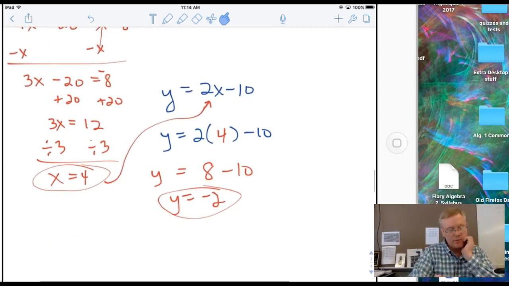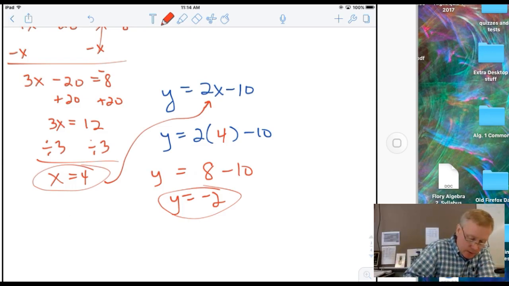So my answer is 4, -2. You can leave your answer like this with both of them circled if you like, or you can do it as coordinates. Either one is fine, okay?